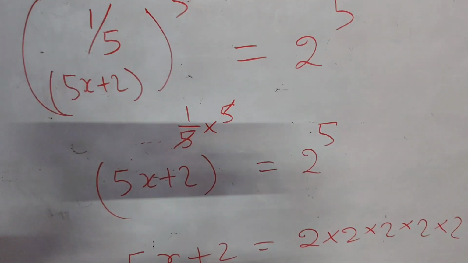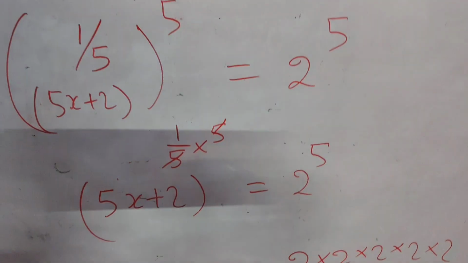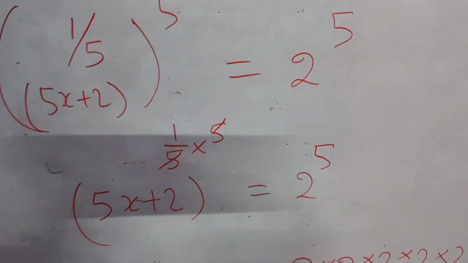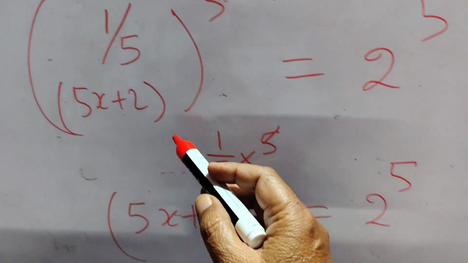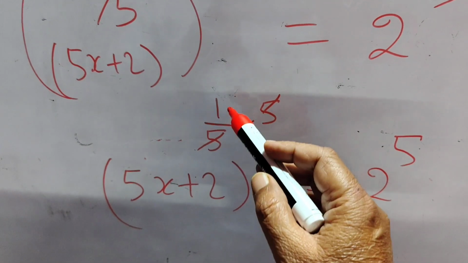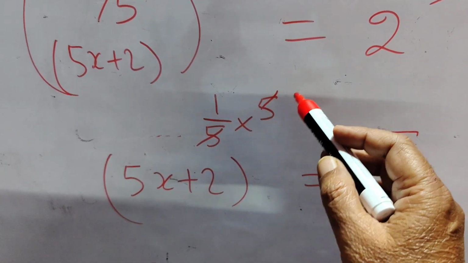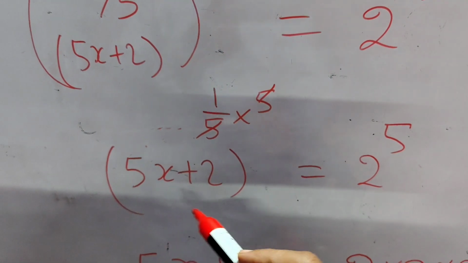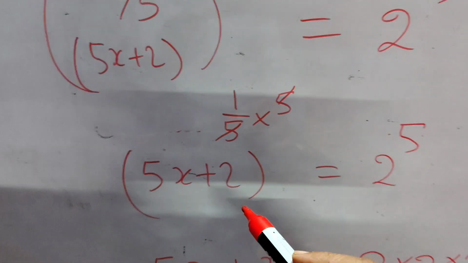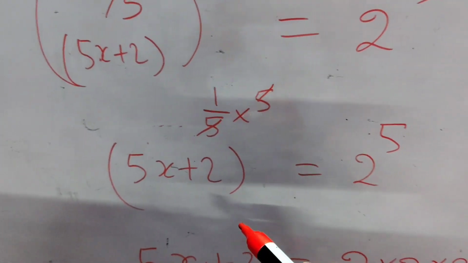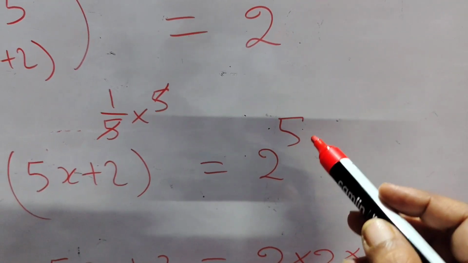Now here power upon power will be multiplied, 1 by 5 into 5, 5 and 5 will be cancelled, so 5x plus 2 is left, and to the power 1 makes no difference, and 2 to the power 5.